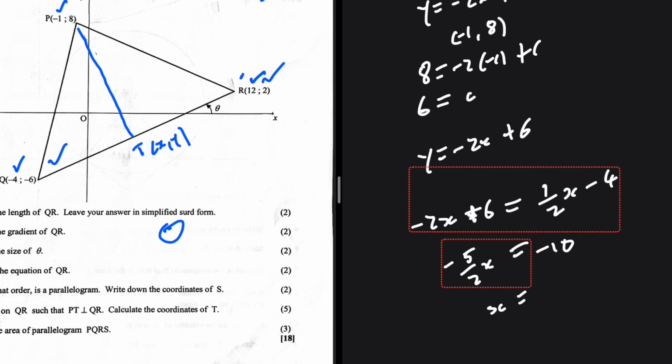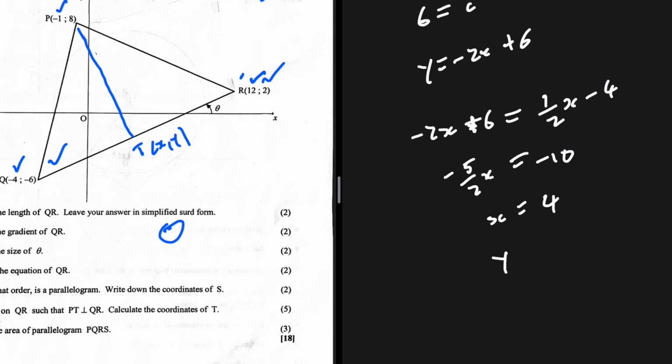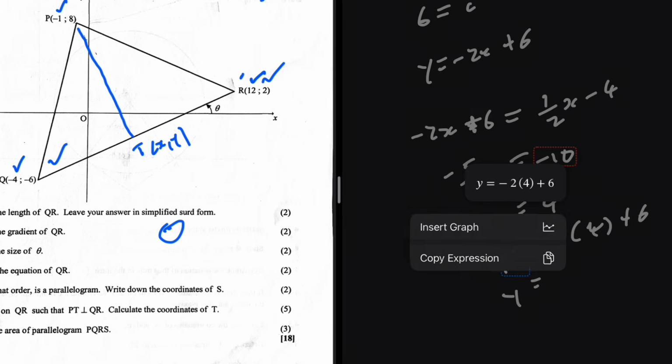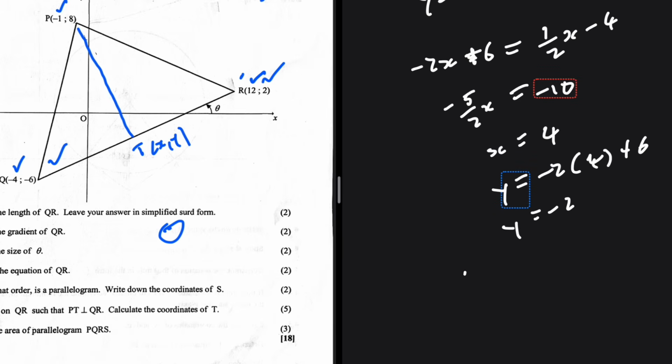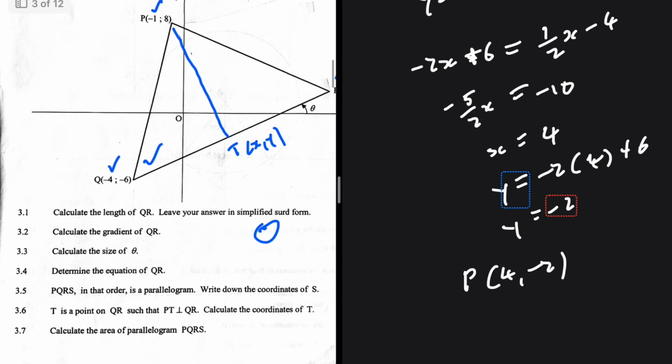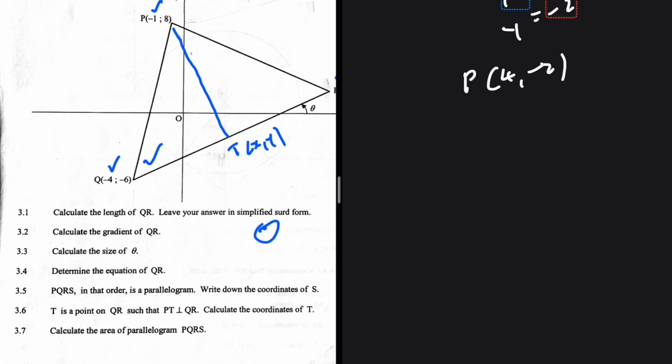So x is equal to minus 10 divided by minus 5 over 2. That is 4. And then the corresponding y value will be minus 2 times 4 plus 6. So y is equal to minus 8 plus 6, which is equal to minus 2. So the coordinates of T are (4, minus 2). That is 3.6. There we go.